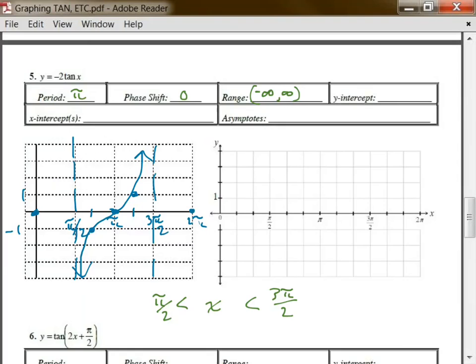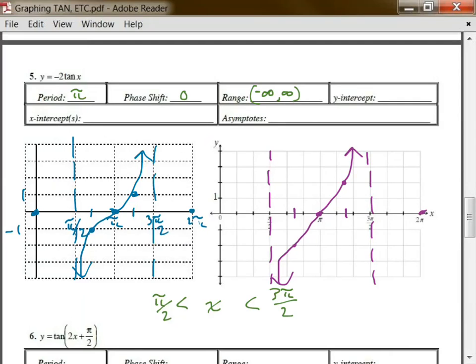So our first asymptote is at pi over 2. We put a little dotted line right there, and we go to the middle. That's going to be the x-intercept. And then this time, for these points that are the x values in between the midpoint and the asymptote, we're going to go up to 2 and down to negative 2. And we have our tangent line right there.